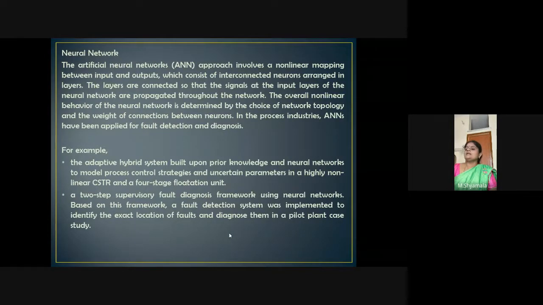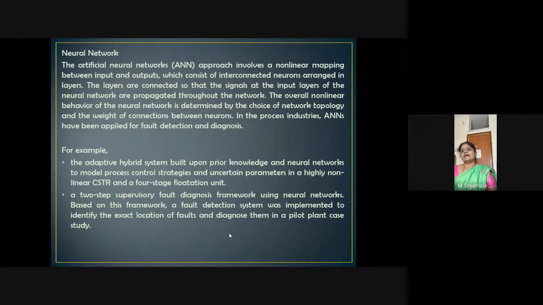The overall nonlinear behavior of the neural network is determined by the choice of neural network topology and the weight of the connections between the neurons. So normally, for example, in CSTR, continuous stirred tank reactor, this is actually my PhD work.